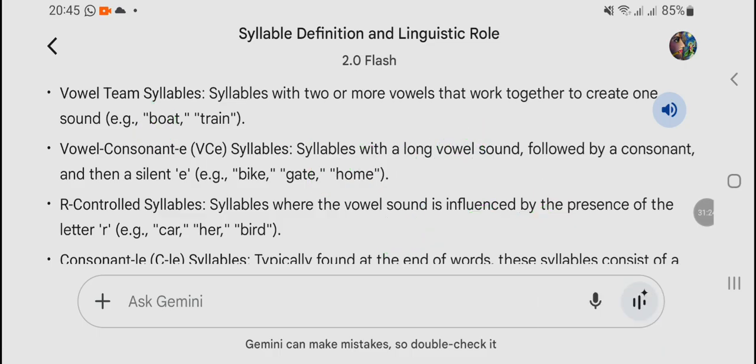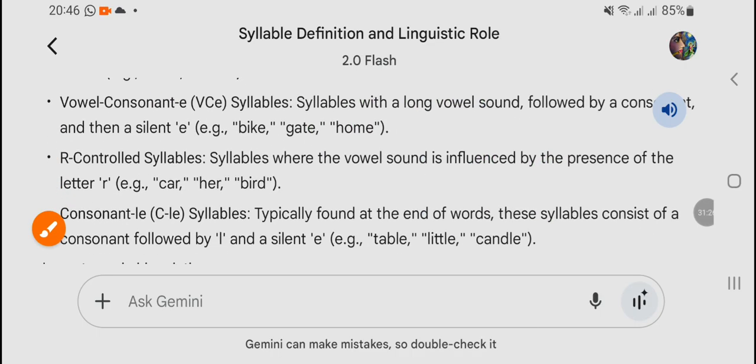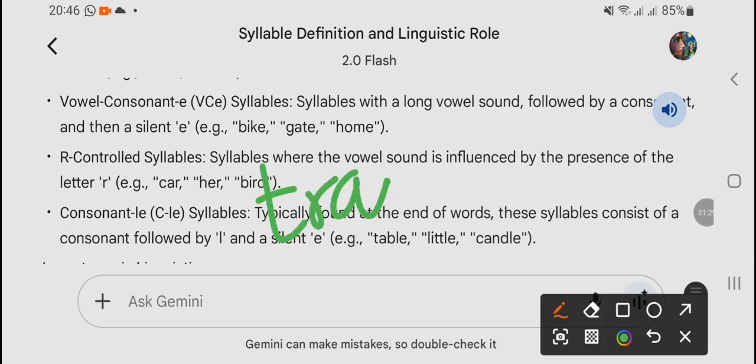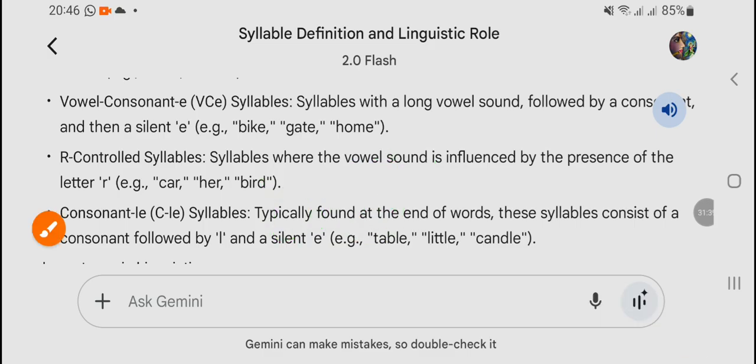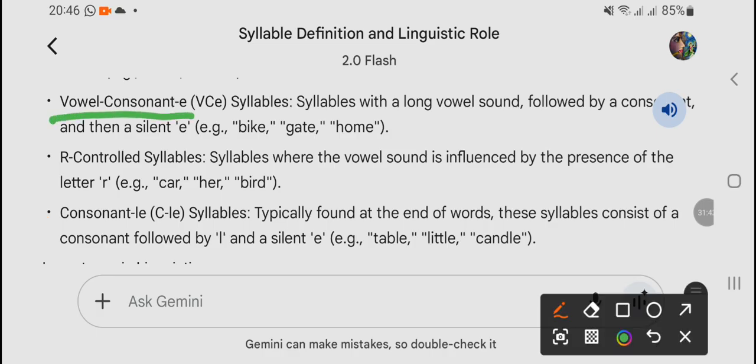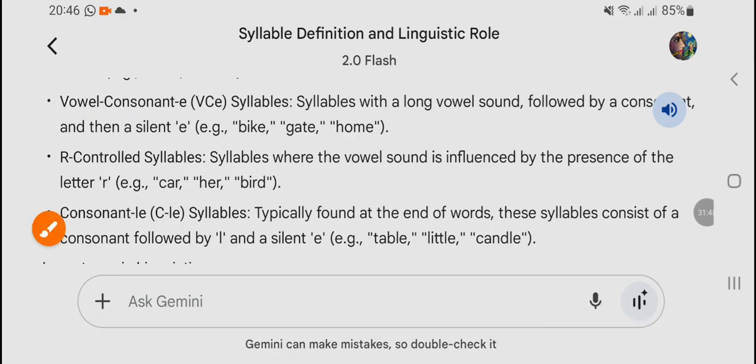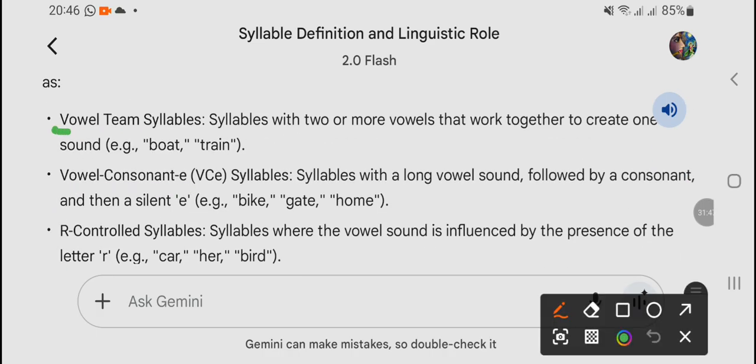And train. So the important thing is that's a vowel team syllable, one more classification, a different classification.